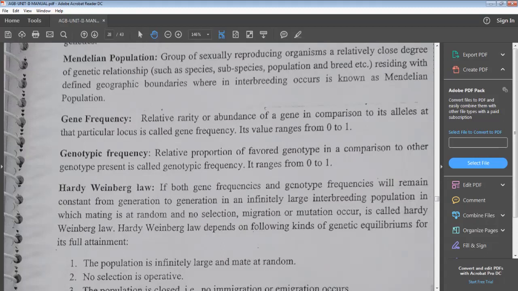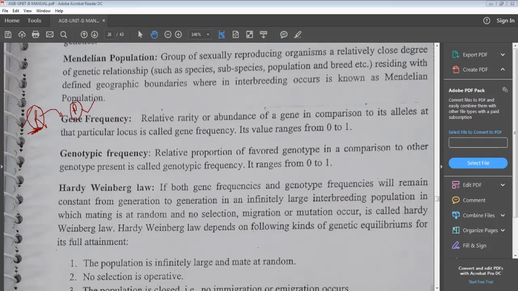So if I have to check what percentage of the population is having capital R, that means I am taking only this R into consideration. So R is the gene or allele. Or I have to check the concentration or quantity of the P gene in the whole population. That is the gene frequency.